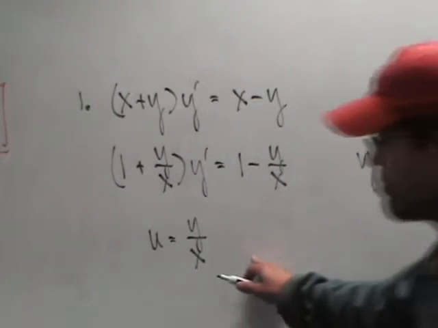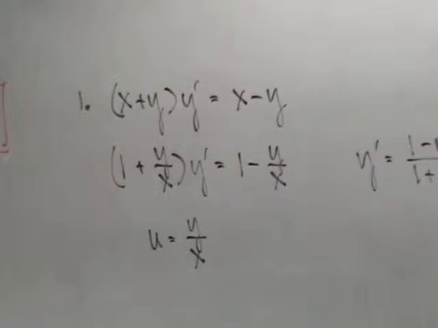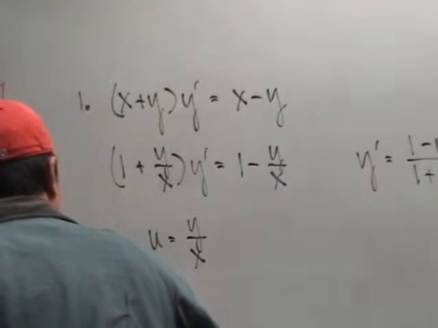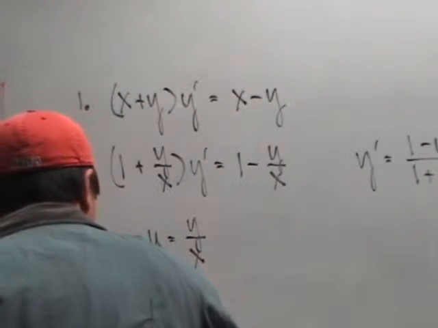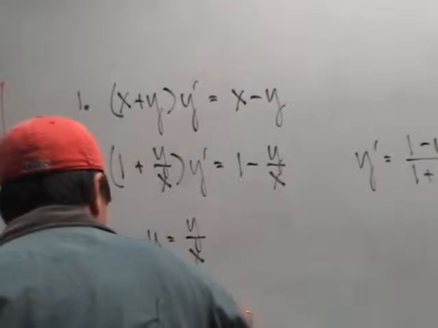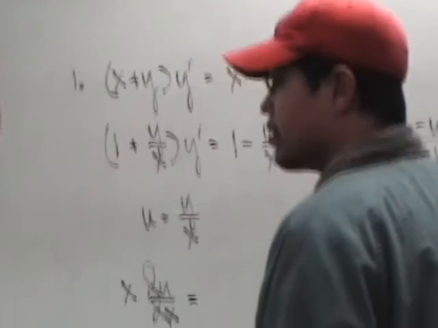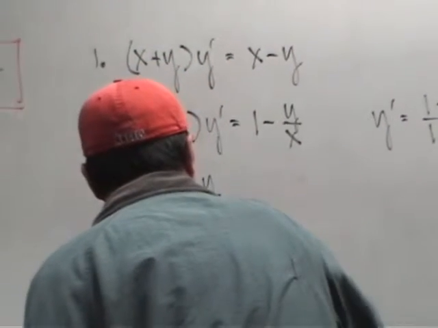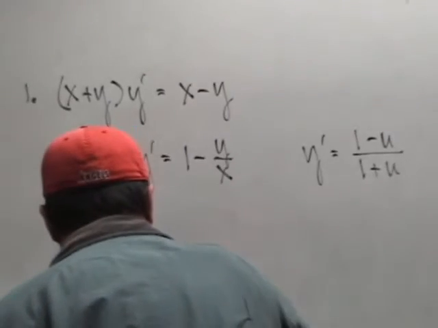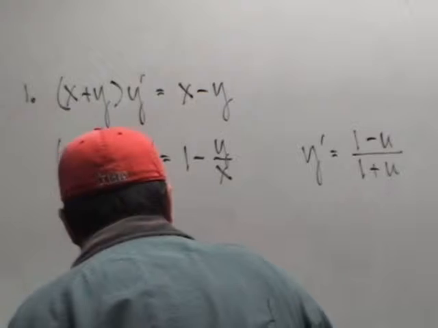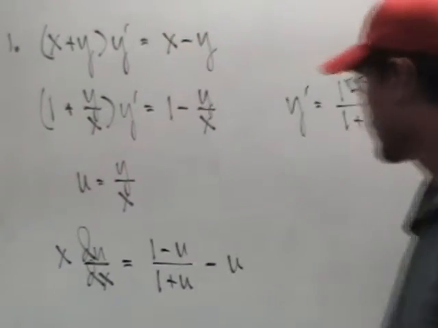So now again, you memorize this equation right here. Then the differential equation turns into x du dx equal to f of u minus u. Are you guys okay? So this is 1 minus u over 1 plus u, minus u.